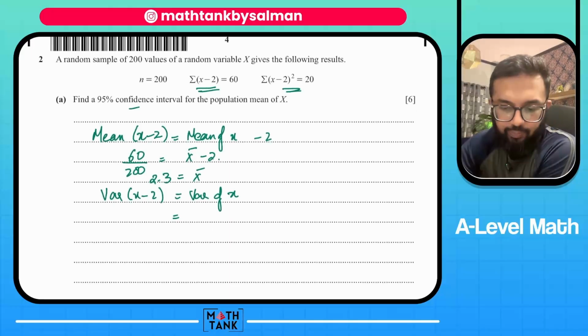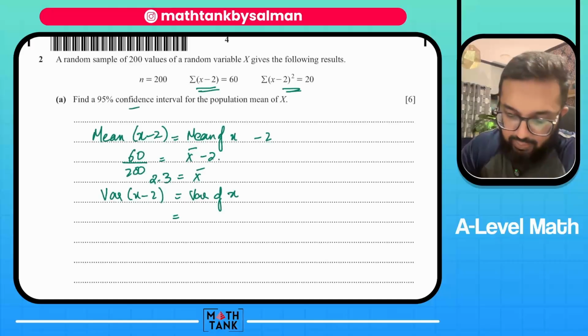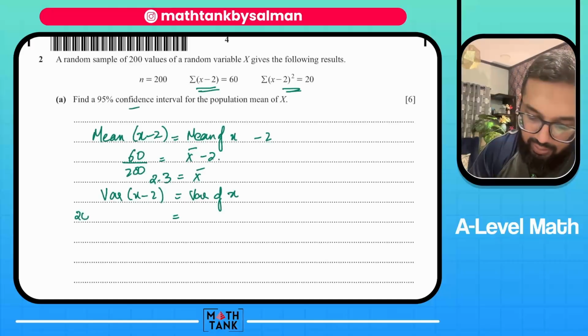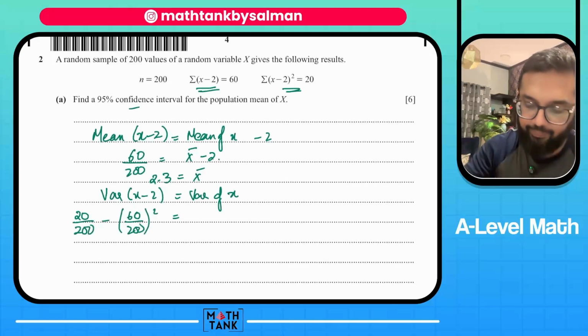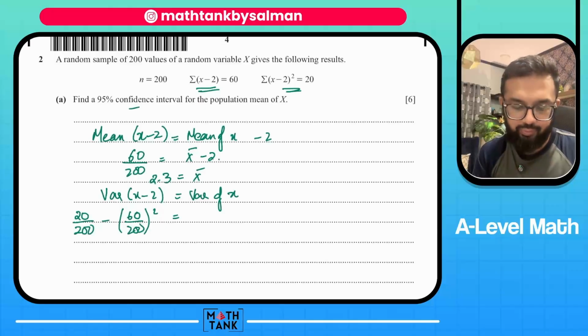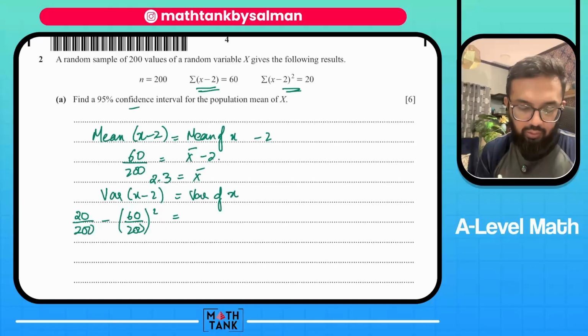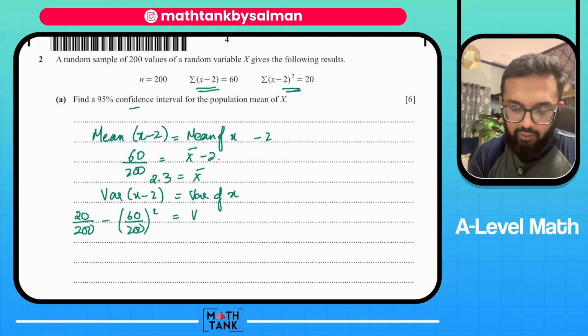So what is the variance of x minus 2? It's 20 over 200 minus 60 over 200 squared. So the variance of x is 0.01.